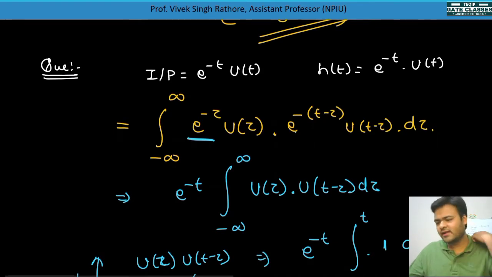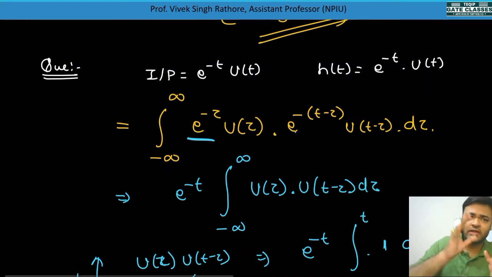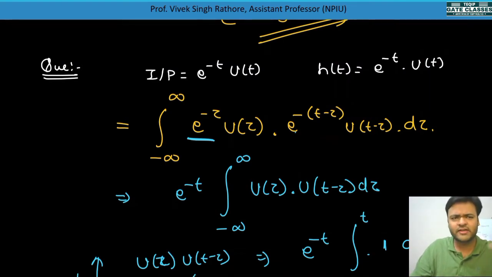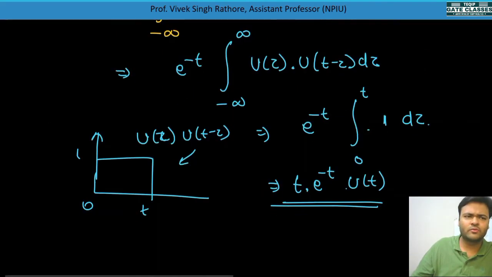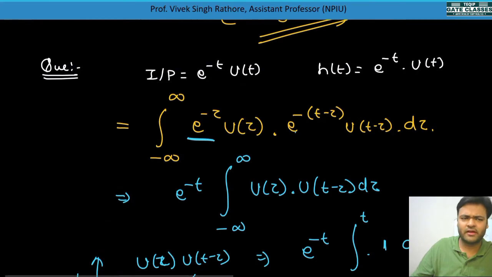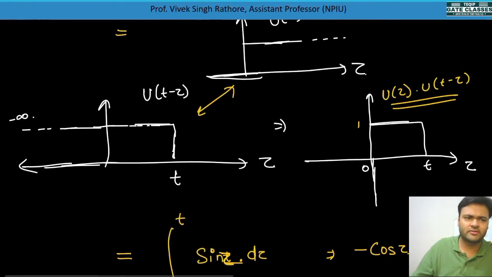You can understand how we are doing it. If a question comes like this and you are asked for convolution, in a fraction of seconds you will get your answer very easily. You just need to change the domain and integrate. Nothing is more than that.